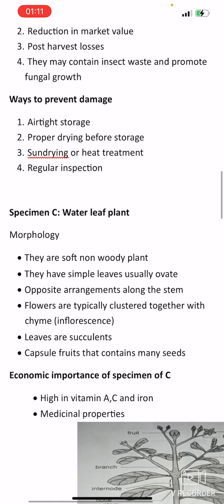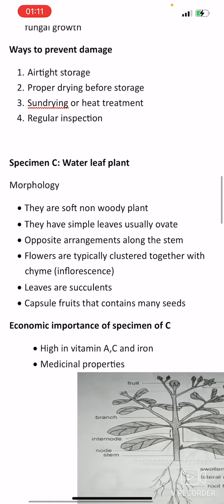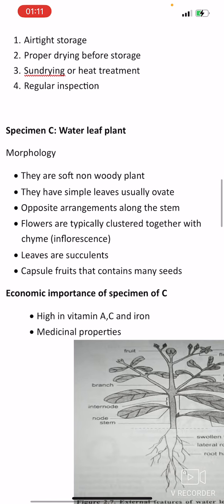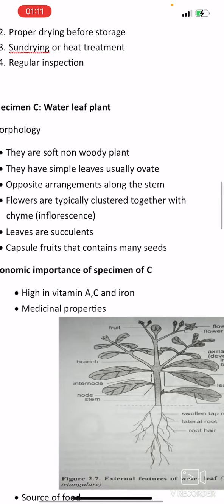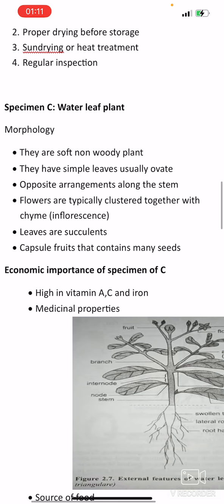Now let's look at Specimen C. That's water leaf plant, and the scientific name is Talinum triangulare. They are soft, non-woody plants. They have simple leaves, as you can see in the diagram.